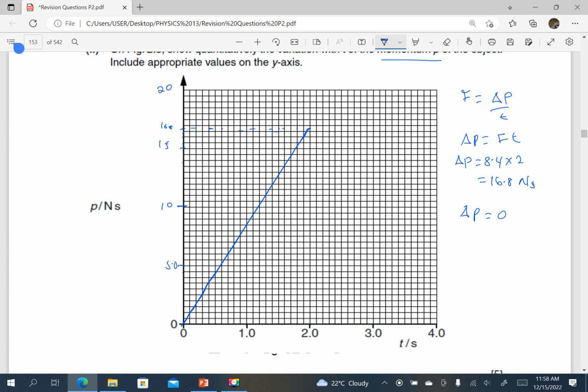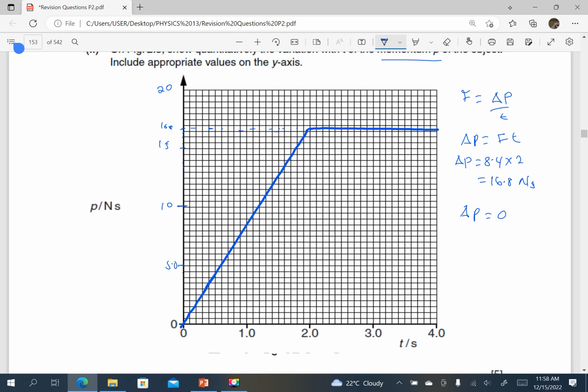So I draw a horizontal line. So the graph is going to be somewhat like that.